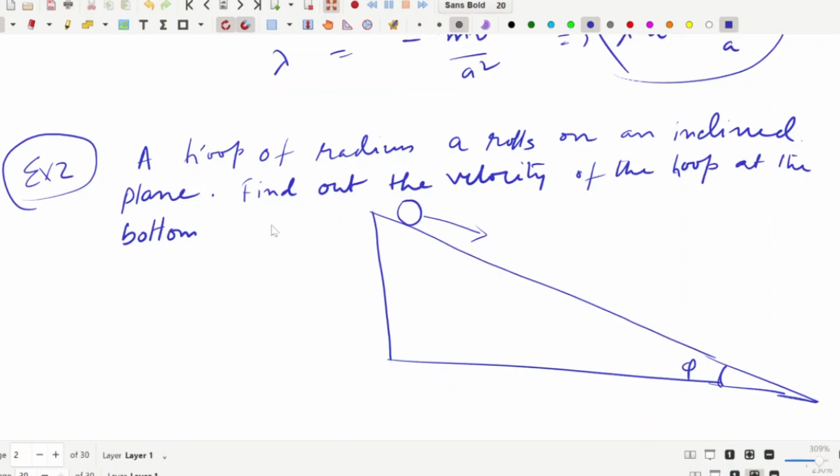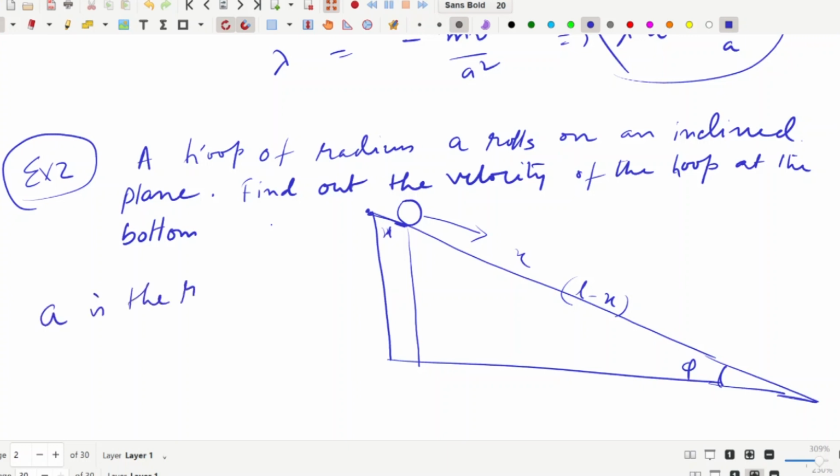We will solve it using the Lagrange multipliers method, just to illustrate the method we have learned. Let our x direction be along the inclined surface; at any time the position of the hoop is x from this reference point, and the remaining length of the inclined surface is L minus x.